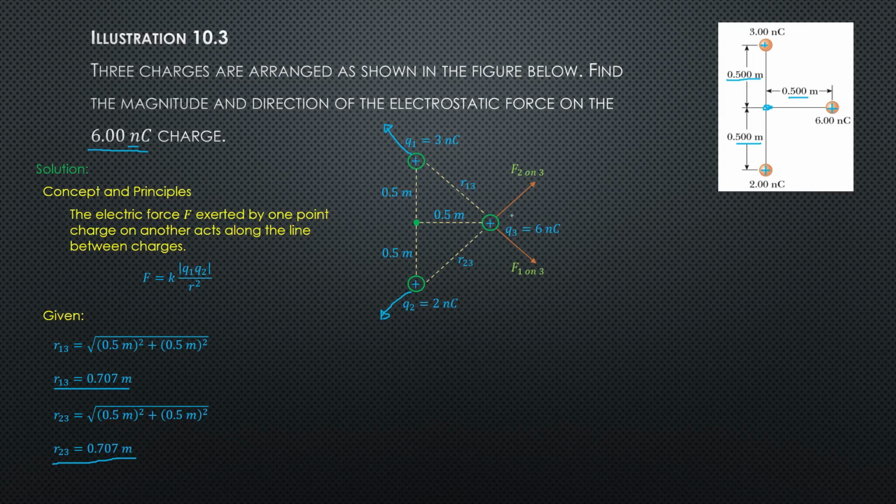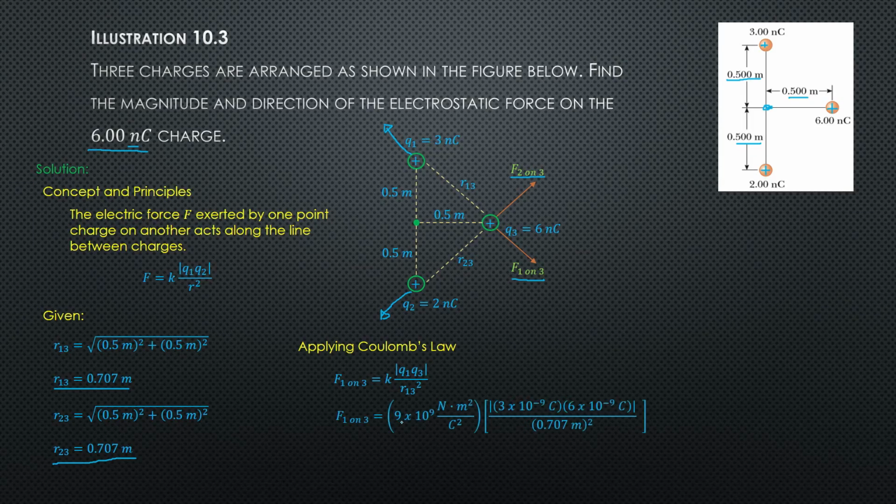Now we apply Coulomb's law to solve for this force and that force, similar to the previous example. The force on charge 3 by charge 1 involves Q1 and Q3 over the distance R13.